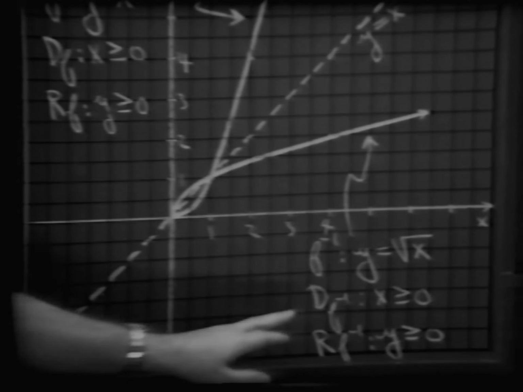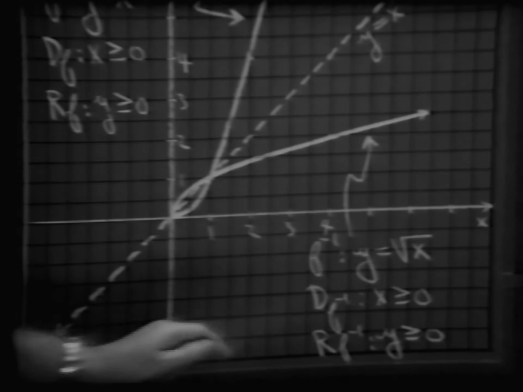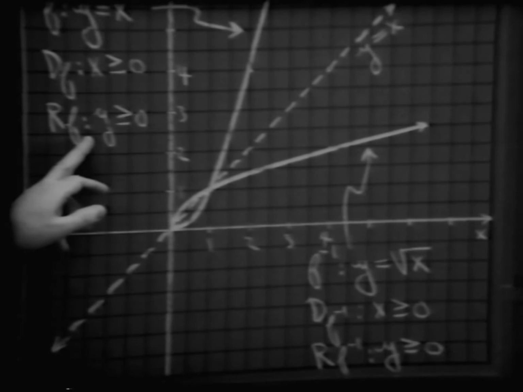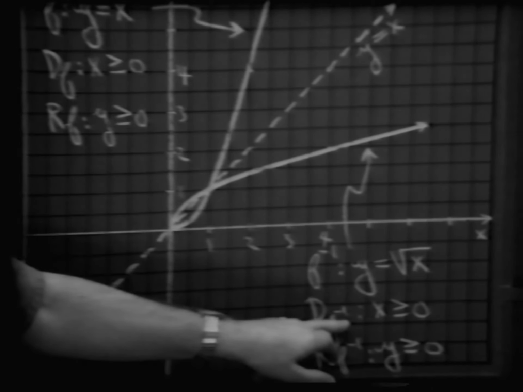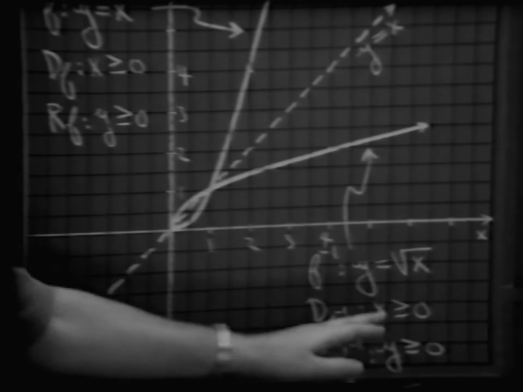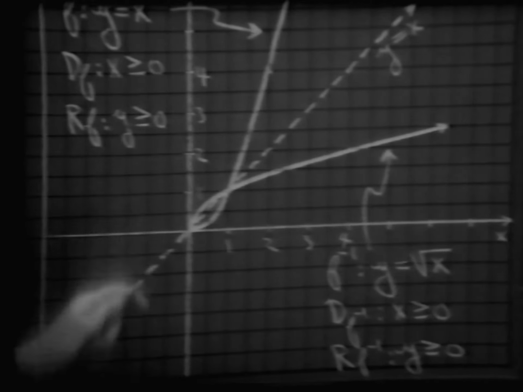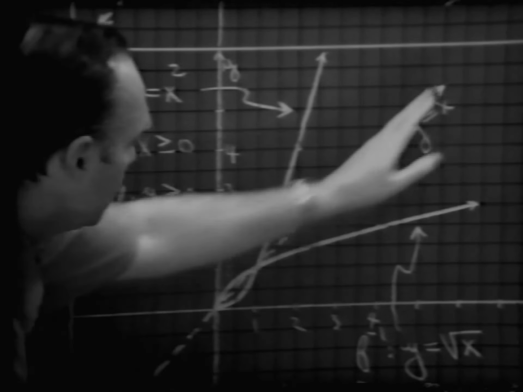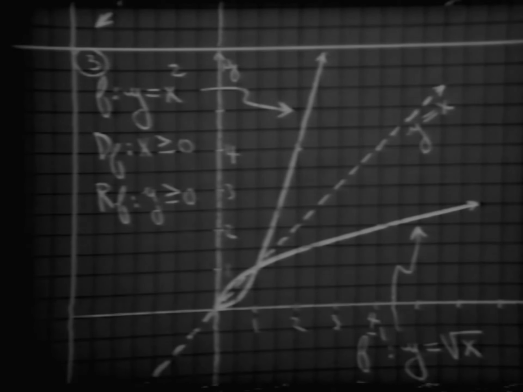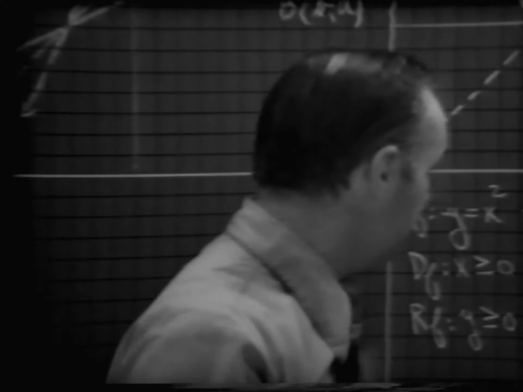Again, perhaps it's not quite apparent in this case, but the range of the f function is indeed the domain of the inverse function. Since they're all greater than or equal to 0, we have the same numbers in each case. And again, there is this nice symmetry about the line y equals x. Now, let me give you your homework assignment in which you'll have an opportunity to think about these ideas.